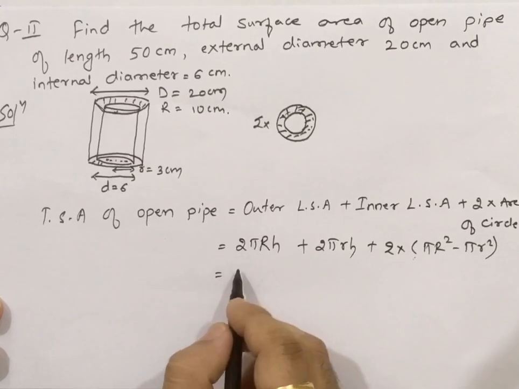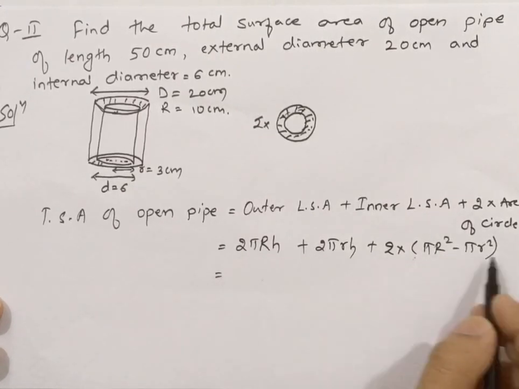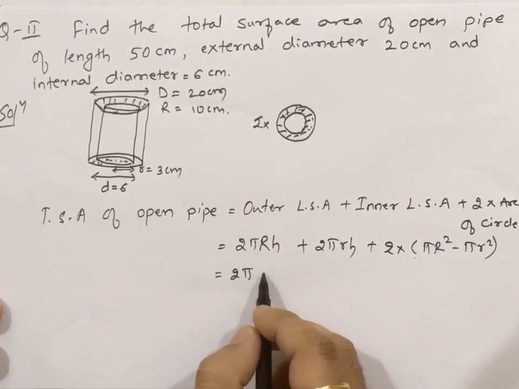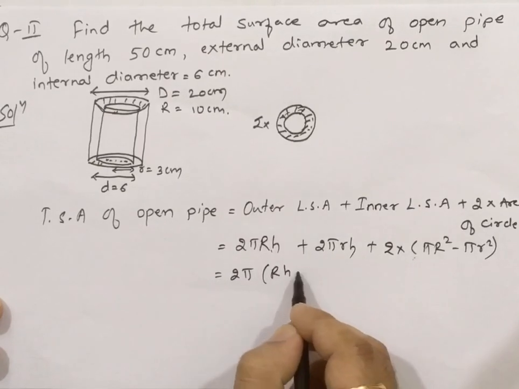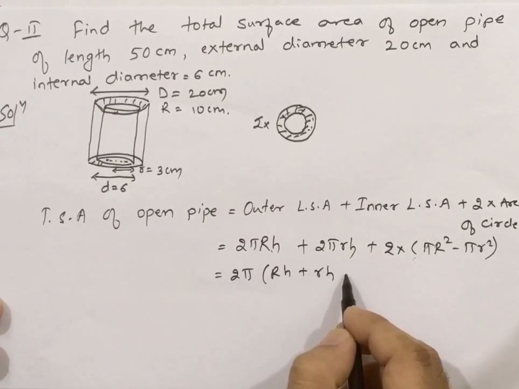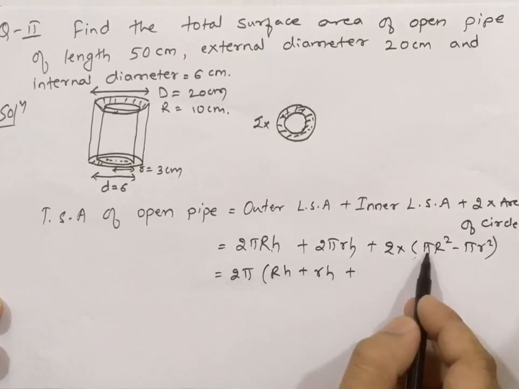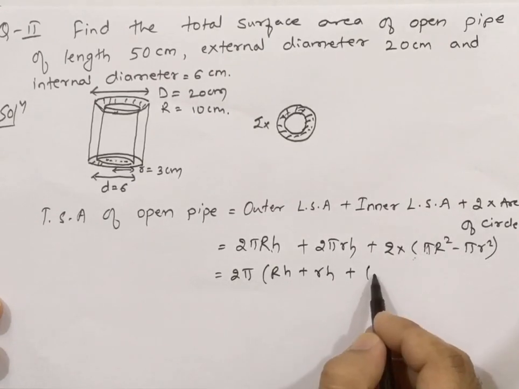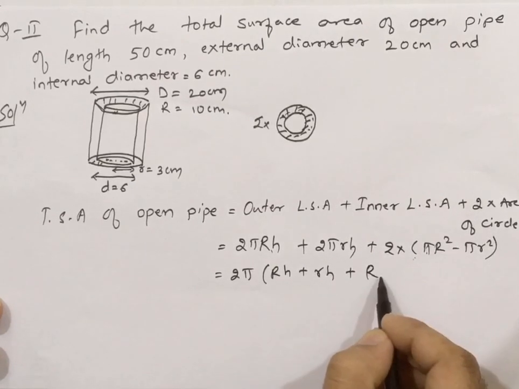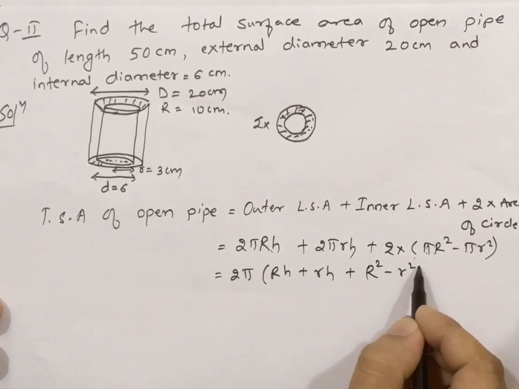Now everywhere 2 pi is common, so I'll take 2 pi common. Here R h remains, plus here r h remains, plus this 2 is taken out and this pi is taken out. So inside the bracket, R square minus r square remains.